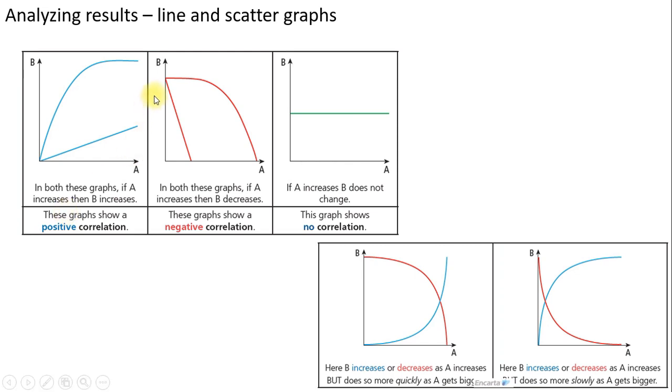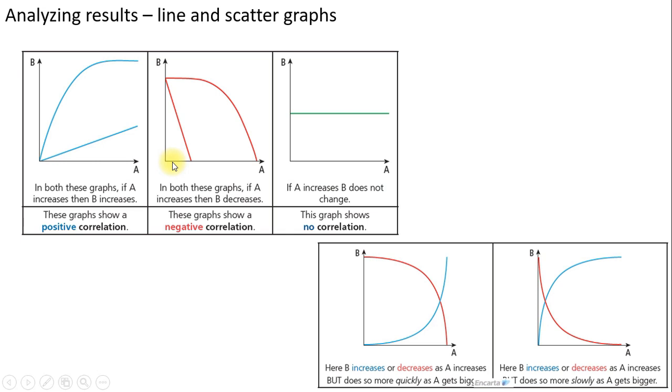But if I have one decreasing, as B is decreasing, A is increasing, and B is decreasing. For instance, I take a point here. You notice that A is bigger at this point, but B is smaller at this point.